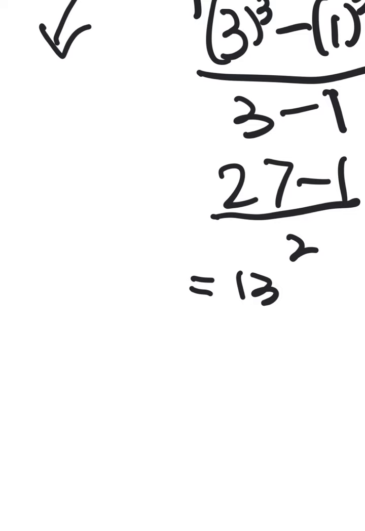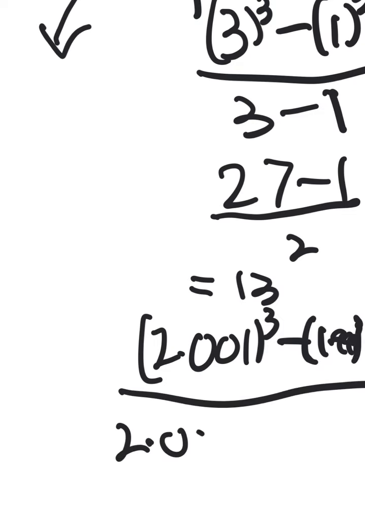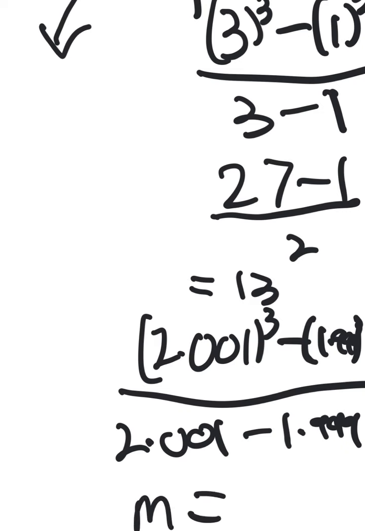So, if we want to get really close to the actual slope, we can use a better approximation. Say we use 2.001 and 1.999. So then we can do 2.001 cubed minus 1.999 cubed divided by 2.001 minus 1.999. So when we do this, we get that the slope, which we'll label m for now, that'll change later, m equals 12.0000001.